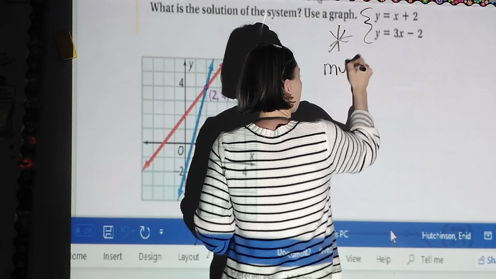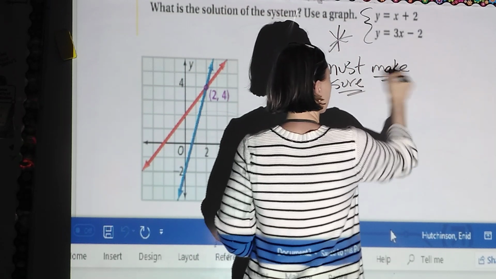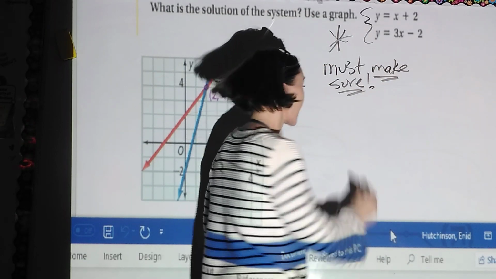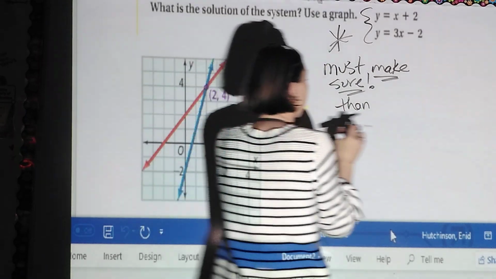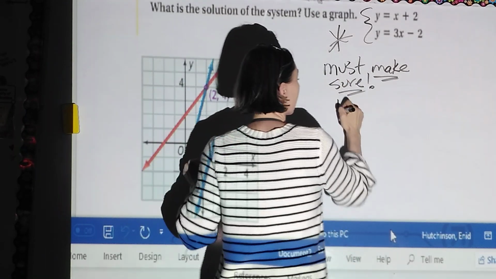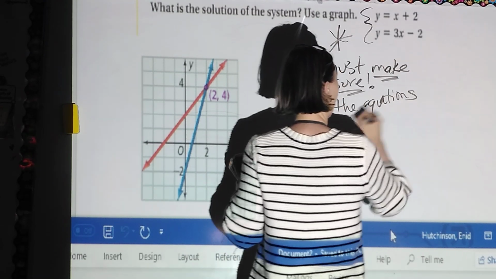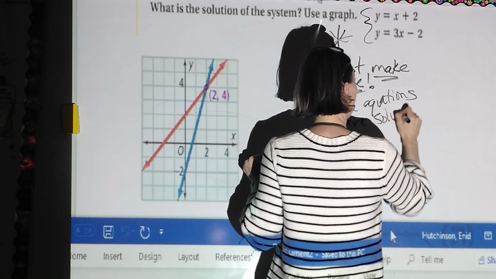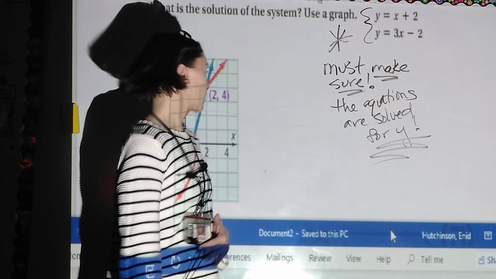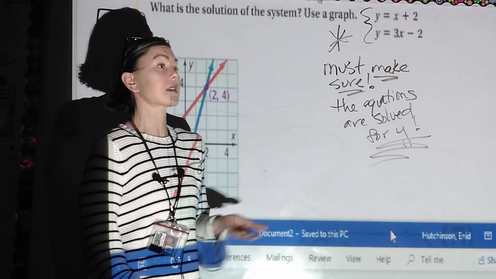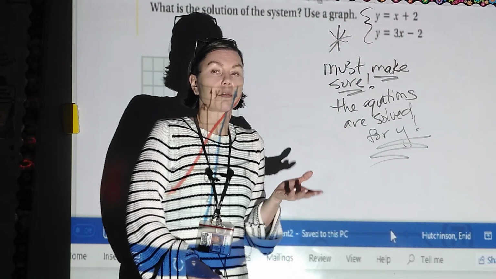You must make sure, exclamation mark, that both equations are solved for y. I don't have an example here, but you will get some examples in your classwork assignment today where both of these equations will not be solved for y.